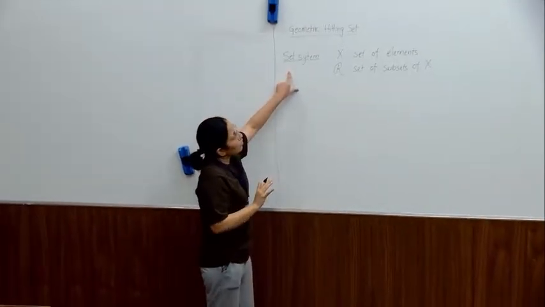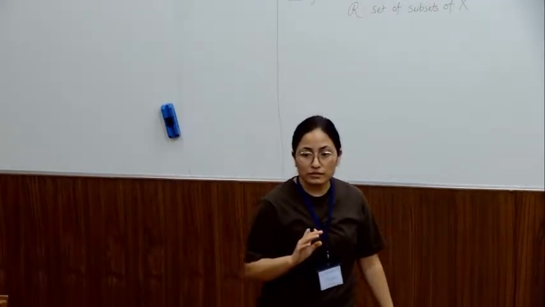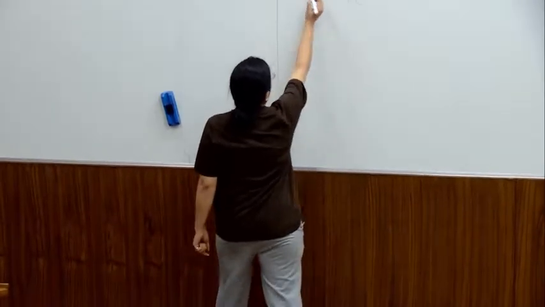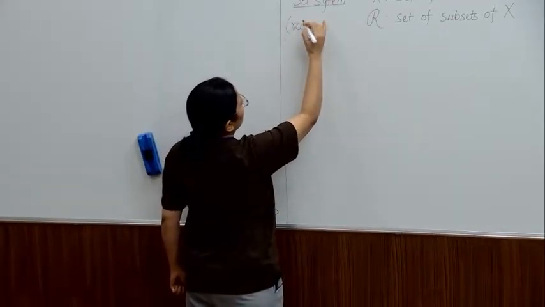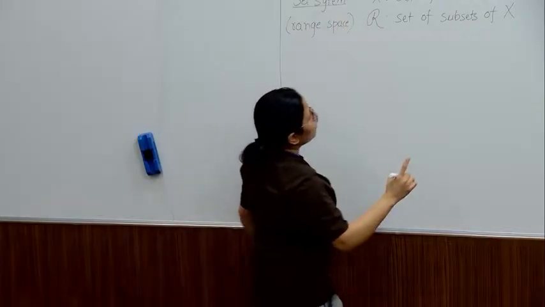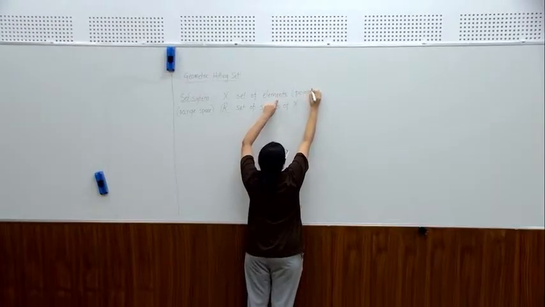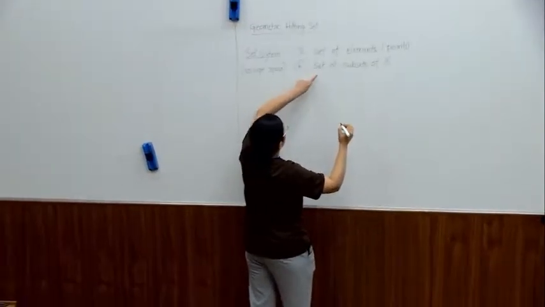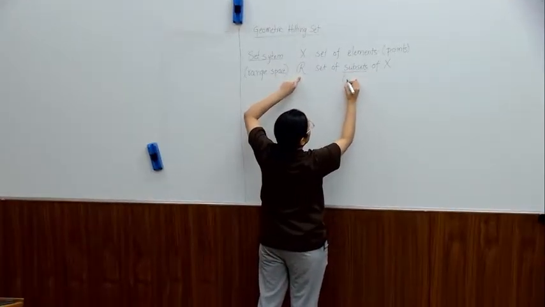In computational geometry, in the geometric setting, usually we refer to this as a range space. I'll be usually referring to it as a range space, and we'll be assuming that these elements are points in Euclidean space, and R is a set of ranges. So every subset I'm calling a range.